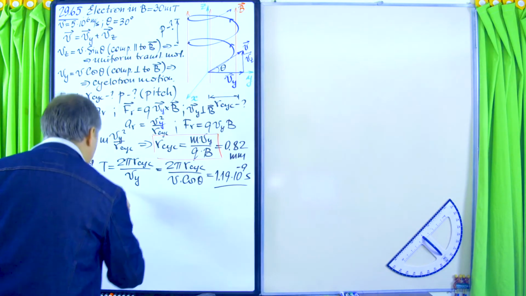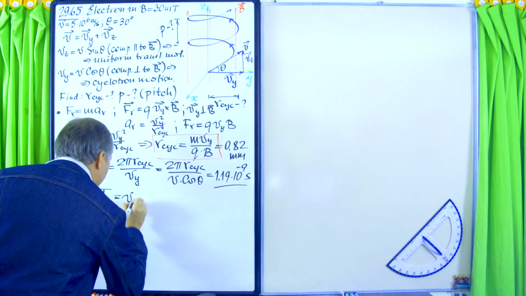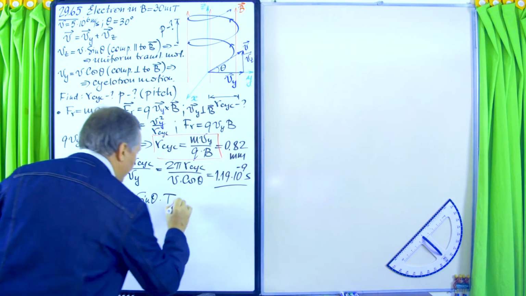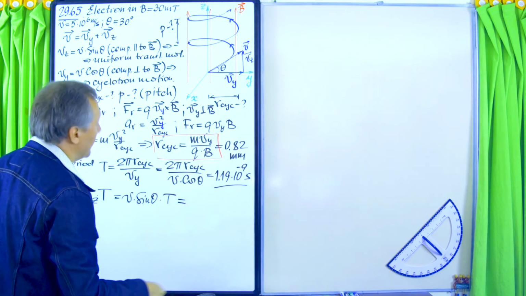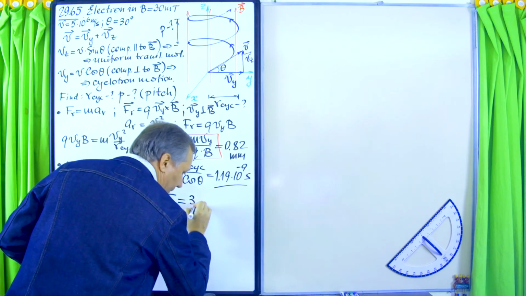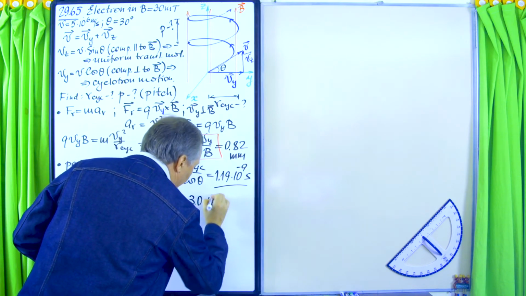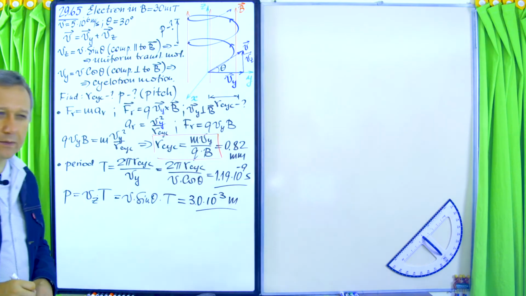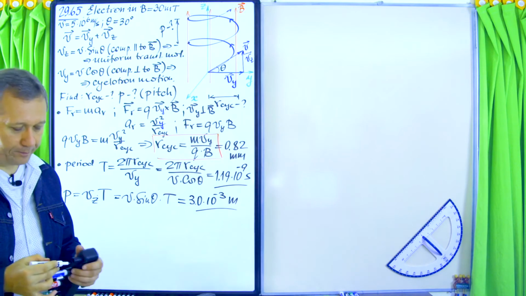So this is V times sine theta times the period. Of course, you can plug numbers, and I will look at my notes. So it will be 3 times 10 to the power of negative 3 meters. So that is 3 millimeters.